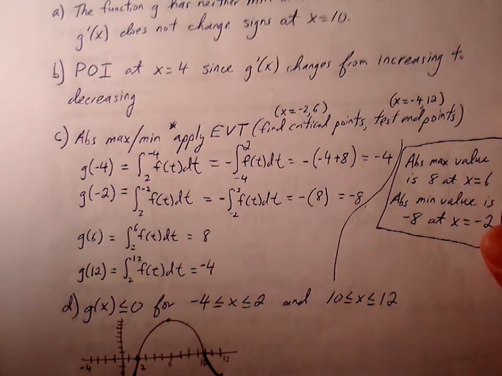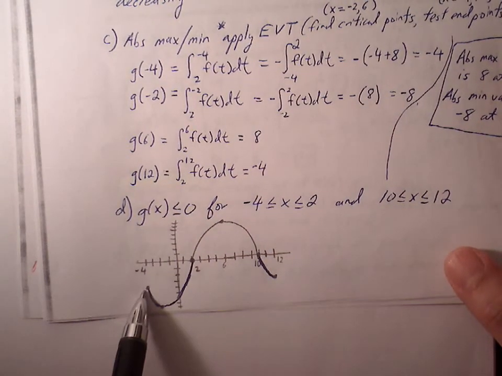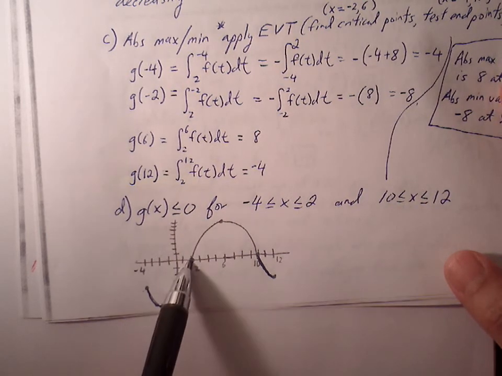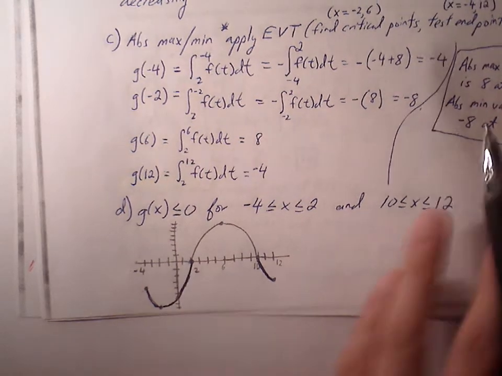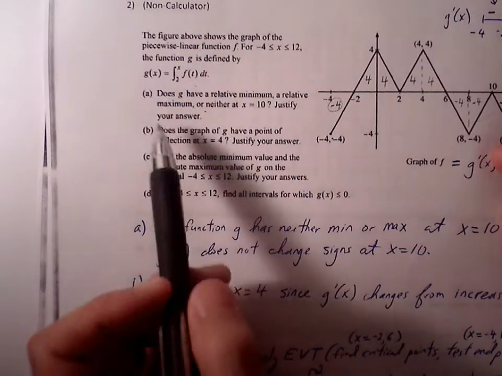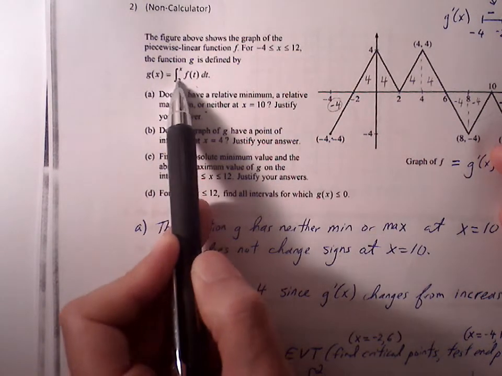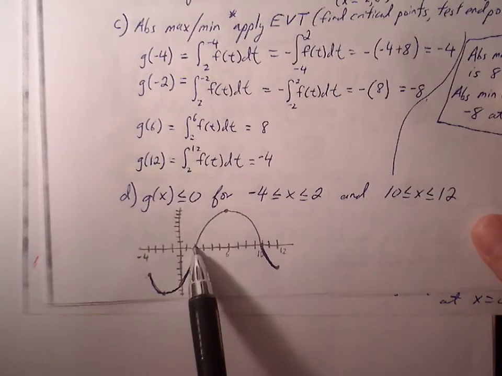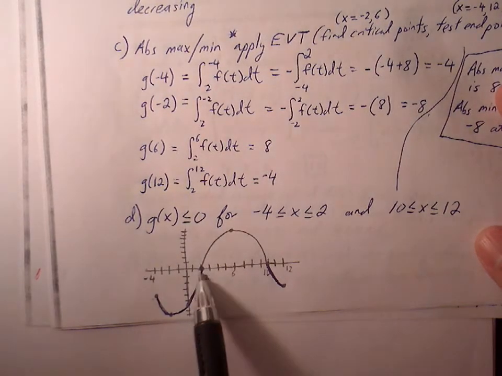Okay. So plotting all those points. Here's negative 4, negative 4. Here's negative 2, negative 8. I also plotted 2, 0, because at x equals 2, we're getting 0, because the integral from 2 to 2, if the bounds are the same, it's just going to wipe out to be 0. So it's a point that I can use to help me separate the regions here.